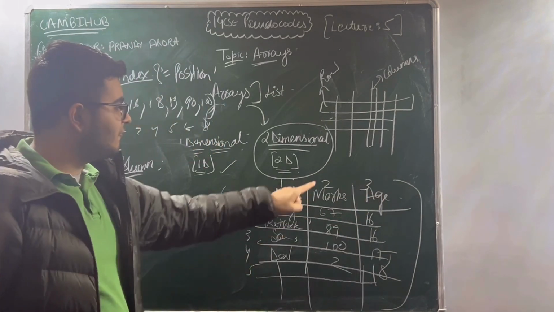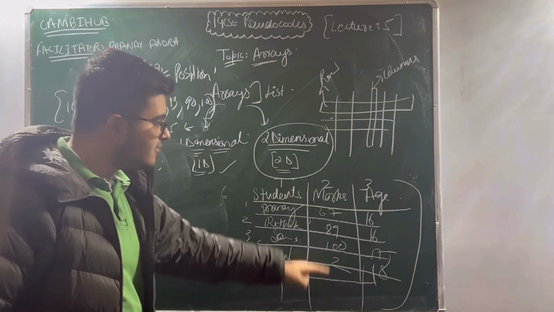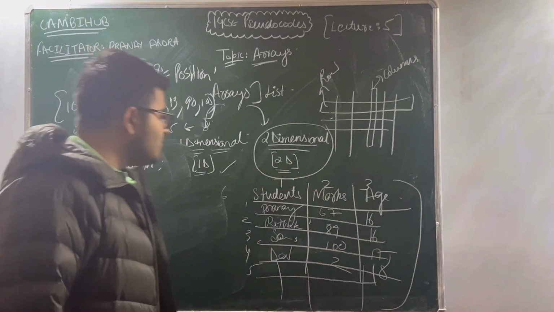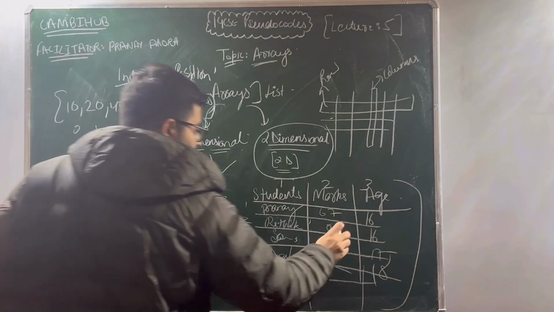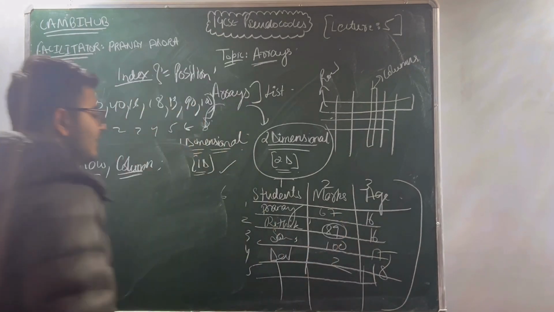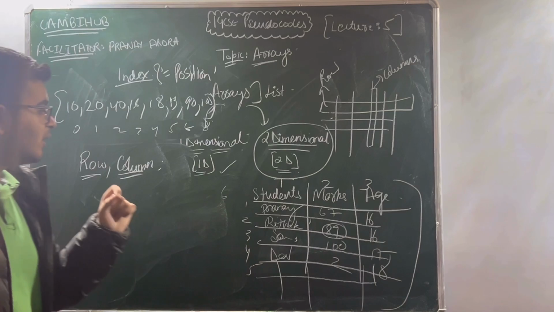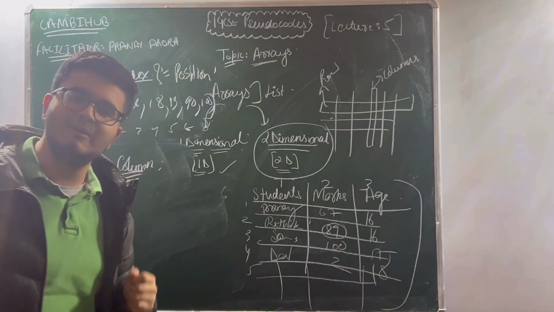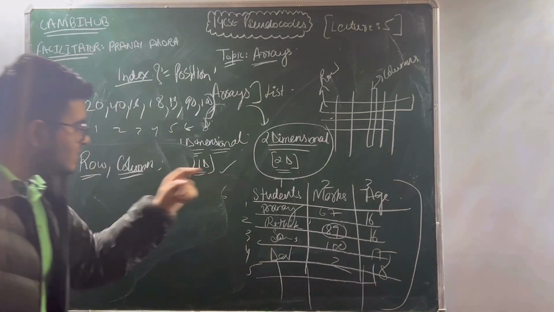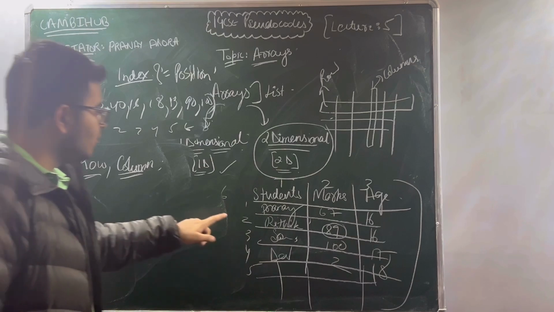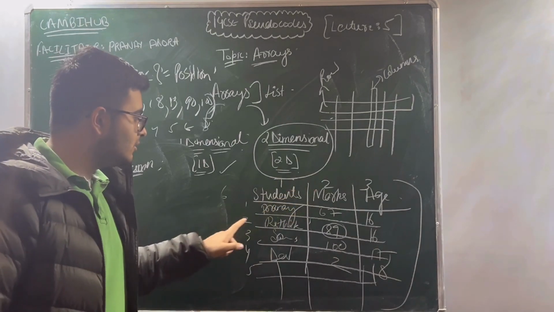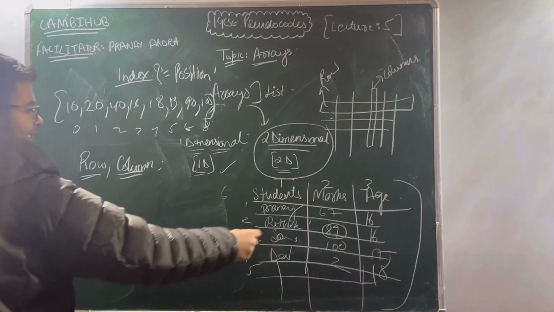What is the index of the column marks? The index of the column marks is 2. So if I had to say, tell me the index of 89 as an element, I have this element 89. I ask you what is the index of this element 89. The index of this element 89 will be row, column. So 2, 2, right? What is the index of 89?